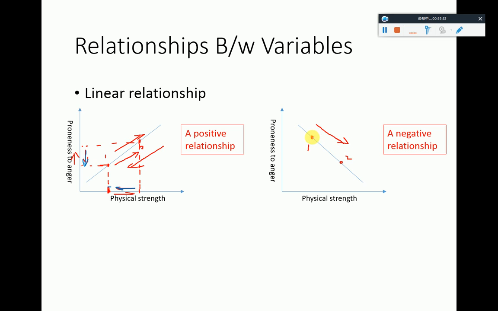So if we move from point 1 to point 2 in this way, then we're moving from here on physical strength to here on physical strength. Direction is from, let's say, weak to strong. Okay? From negative to positive.